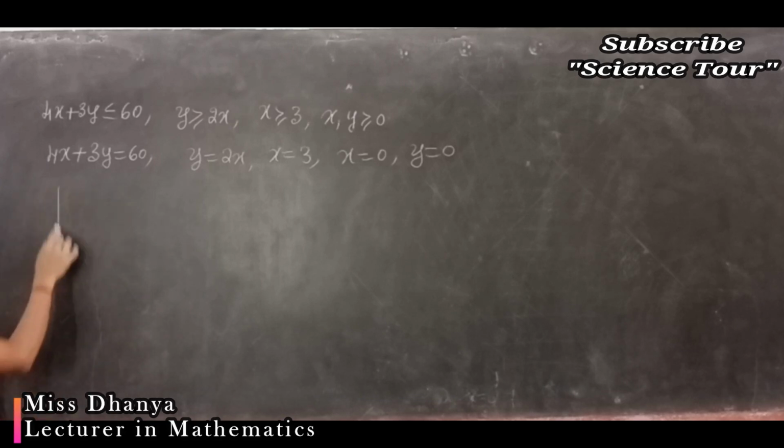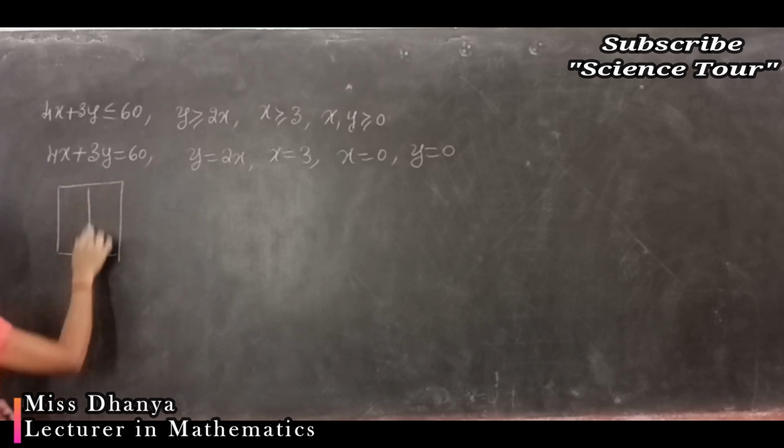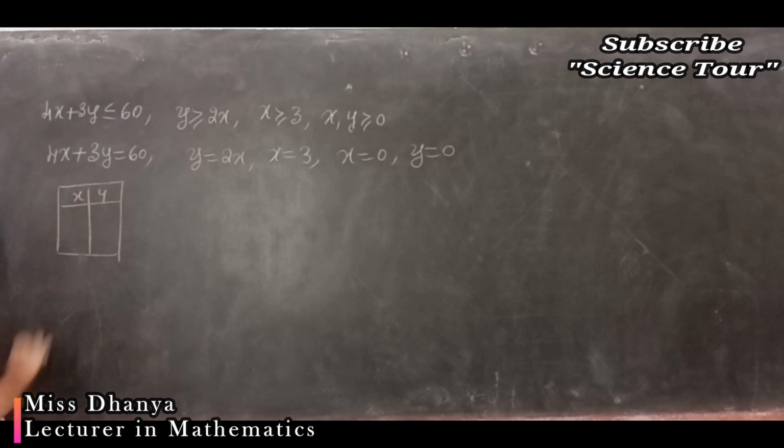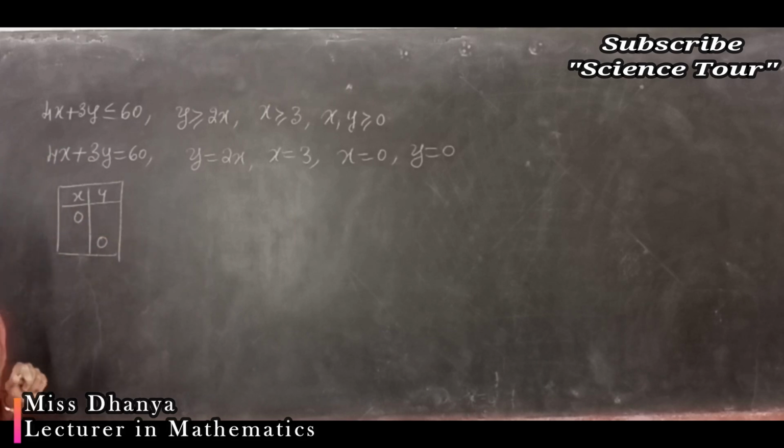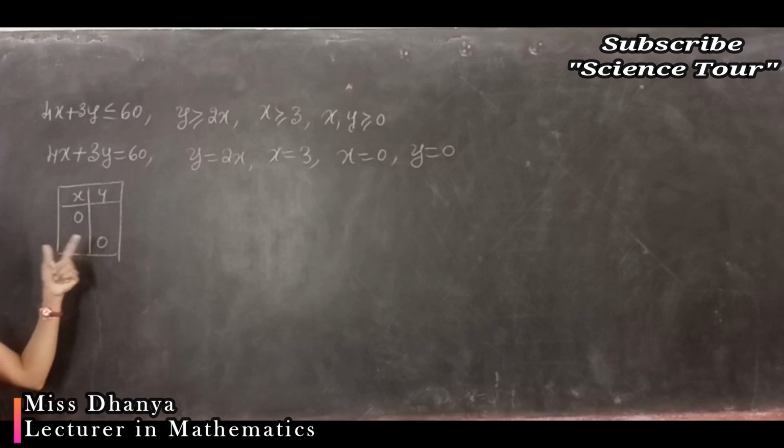Okay. For the first two lines you have to get 2 points. Now here the constant number is other than 0, right? So you can take x as 0 and y as 0 and find the corresponding other coordinate value.